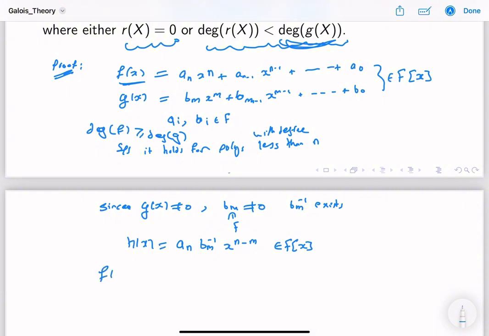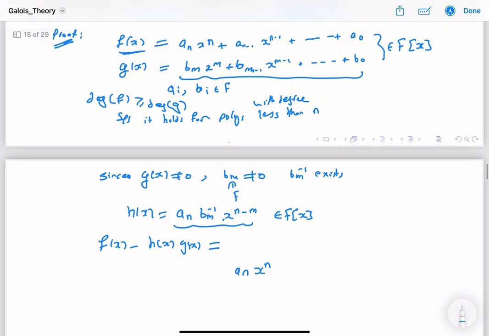So let us look at f of x minus h of x times g of x. If you notice here, if we multiply this polynomial by this one, the first term is gonna be an, the bm's are gonna cancel out, and x to the n minus m with x to the m is gonna be x to the n. So maybe I should leave some space here, and we're subtracting this. So we have a minus here, right?